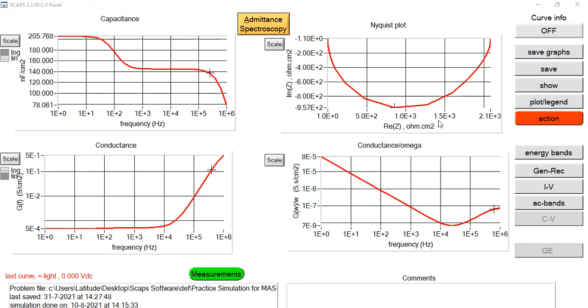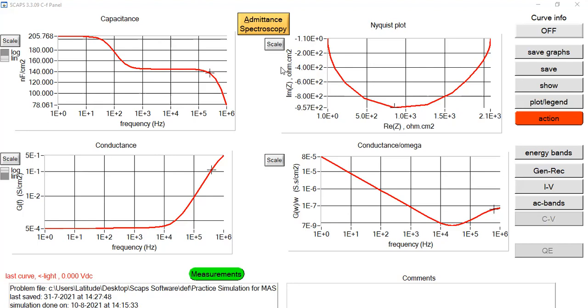So we have two criteria for positive and negative impedance. The positive part is computed on the x-axis, that is the real impedance, and the negative part of the impedance is computed on the y-axis, that is the imaginary.